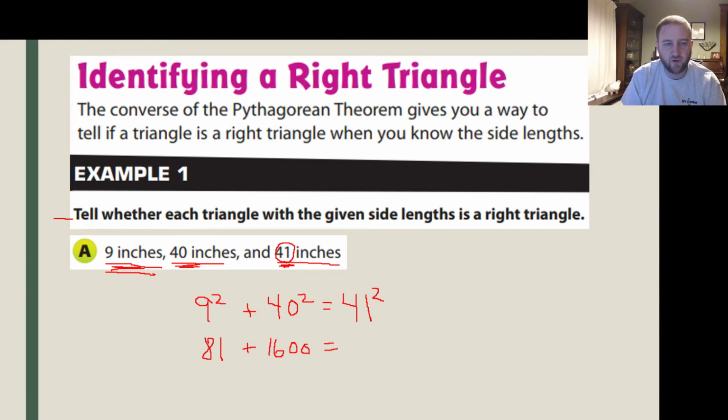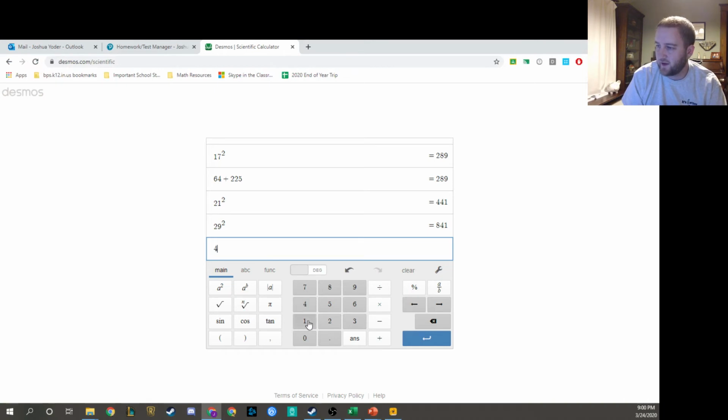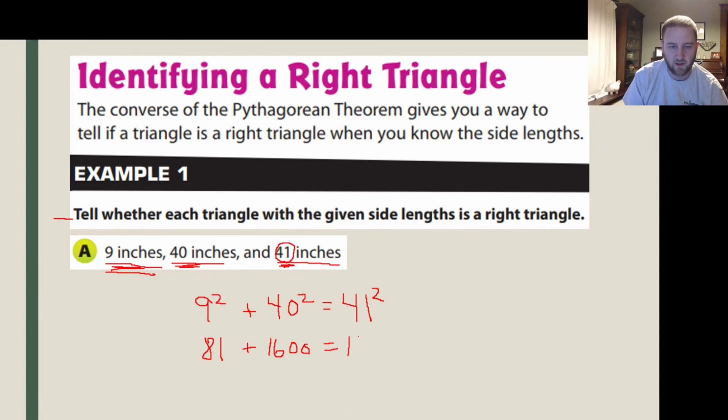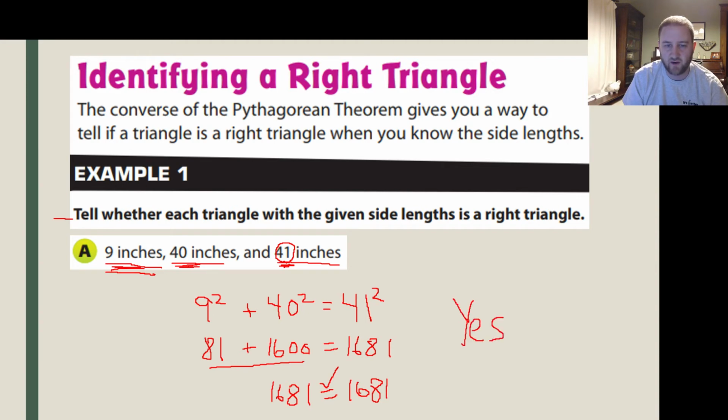And then 41 squared, let's go ahead and plug that in and see what we get. 41 squared is 1681. Okay, let's add these two together now. 81 plus 1600 is 1681, which is equal to 1681. So we get a true statement, which means that yes, this is a right triangle.